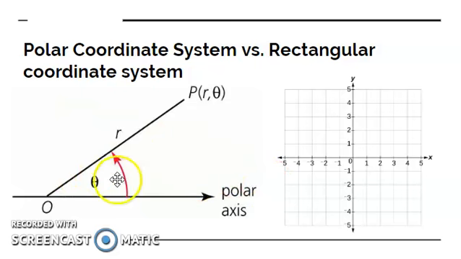And theta is the directed angle from the polar axis, and it's measured counterclockwise, and then negative angles are measured clockwise. Theta is usually expressed in units of pi, so radians.